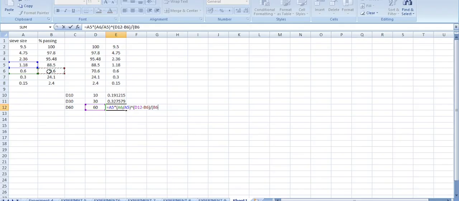So this si minus x. So cover everything in brackets.